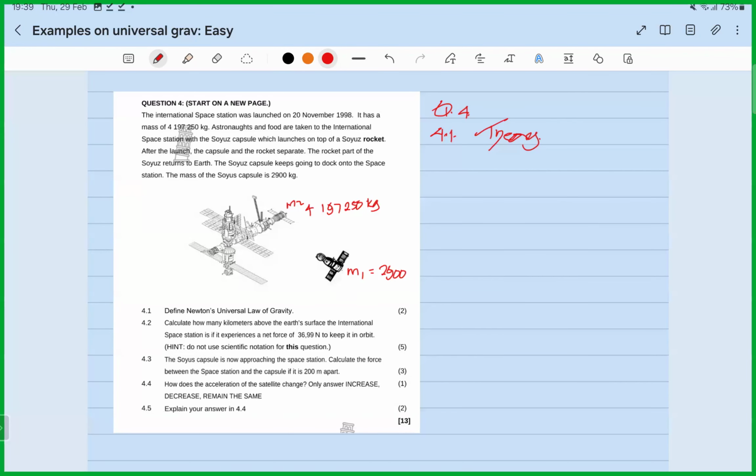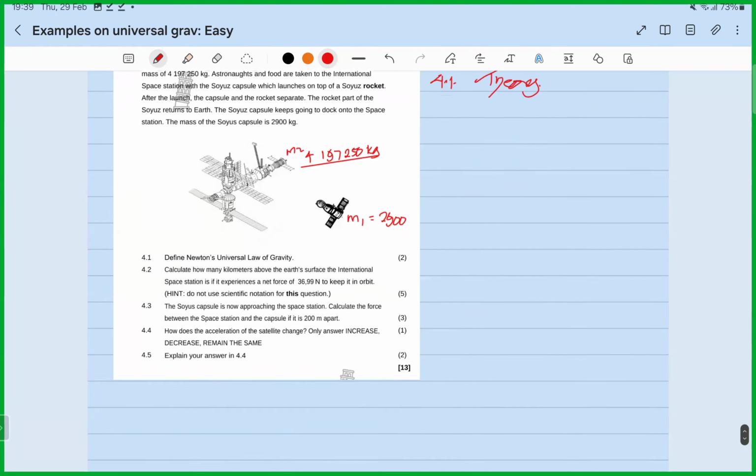I think what they meant was do not use scientific notation for that mass, but you can't not use scientific notation for the mass of the Earth. How many kilometers above the Earth's surface? That is not an easy question.